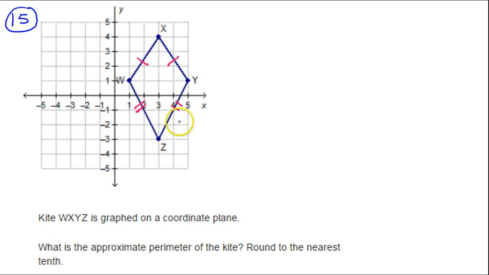So we're not going to have to find all 4. We can just find 2 and then copy them. So let's find the distance between X and Y. It will be useful to know the coordinates of X and Y. So X is 3, 4, and Y is 5, 1.